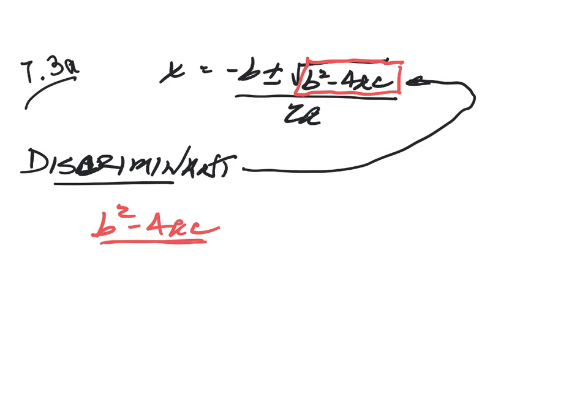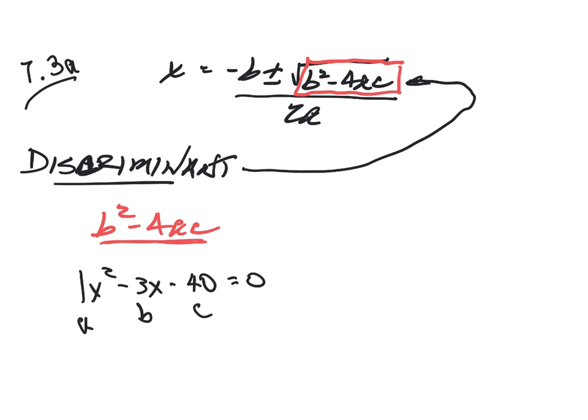So let's just try one. Let's say that I give you the equation x squared minus 3x minus 40 equals 0. So if you remember, this is your a, this is your b, and this is your c.